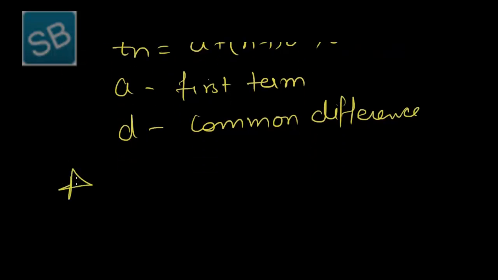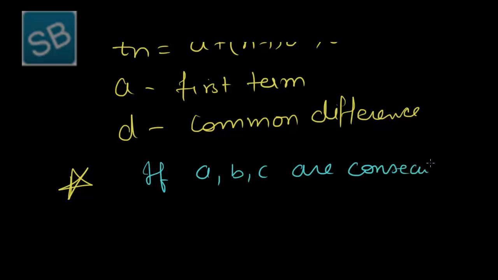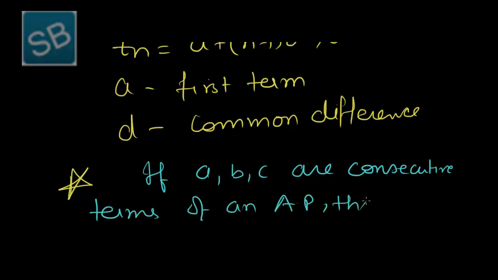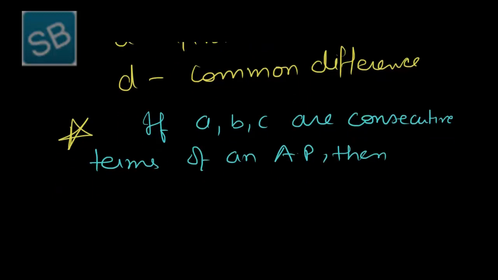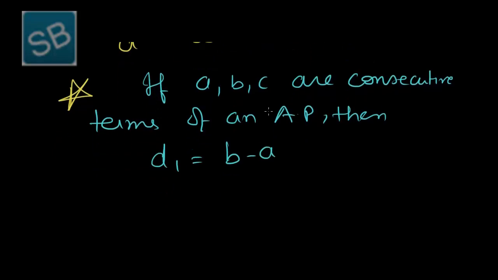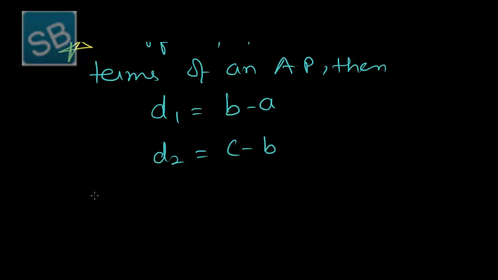And also, if we have A, B, C as consecutive terms of an AP, then as we know, the difference between two consecutive terms, say D1, is B minus A, and the difference between the next two consecutive terms, say D2, is C minus B. These both differences are the same.